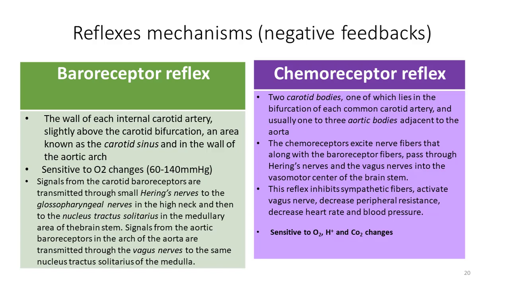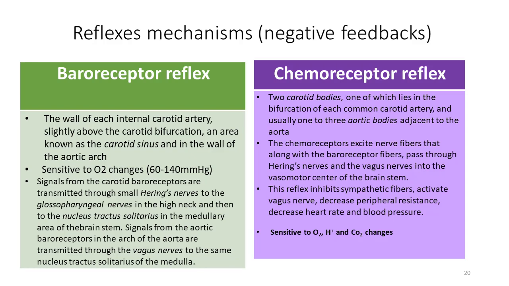What about chemoreceptors? Chemoreceptors are located in the bifurcation of common carotids into internal and external carotid, and also in the aortic bodies. The chemoreceptors excite nerve fibers that, along with baroreceptor fibers, pass through Hering's nerve and vagus nerve into the vasomotor center of the brain.